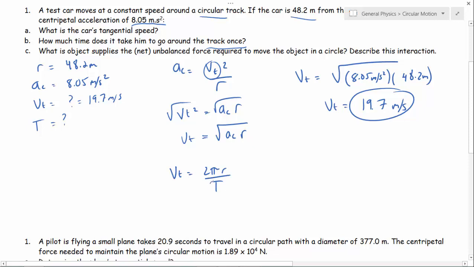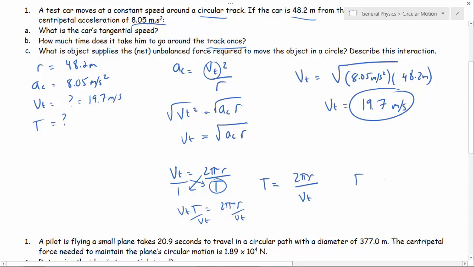The tangential speed Vt is 2 pi r over t. I want to solve for t. I notice that it's in the denominator, so we have to get it up to the numerator. My favorite way to do this is to cross multiply and isolate t by itself. So Vt times t is equal to 2 pi r, and then divide both sides by Vt. We get that the period is equal to 2 pi r over Vt.